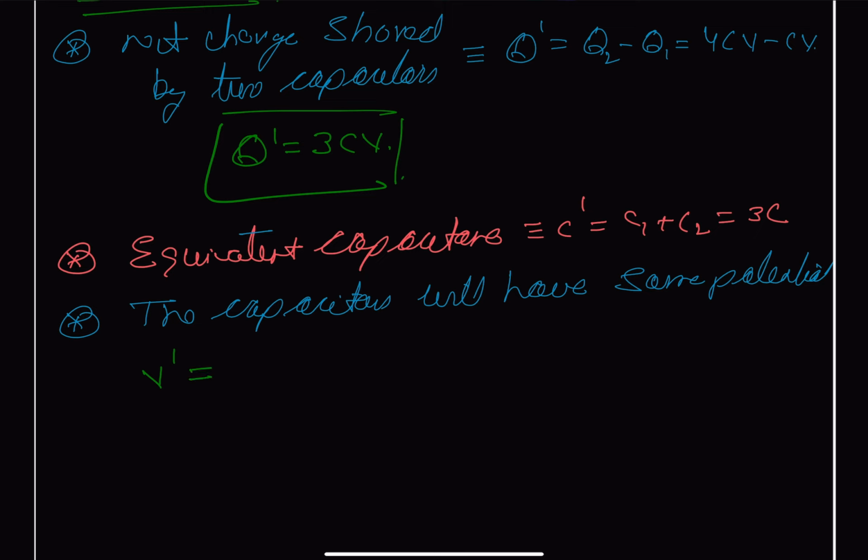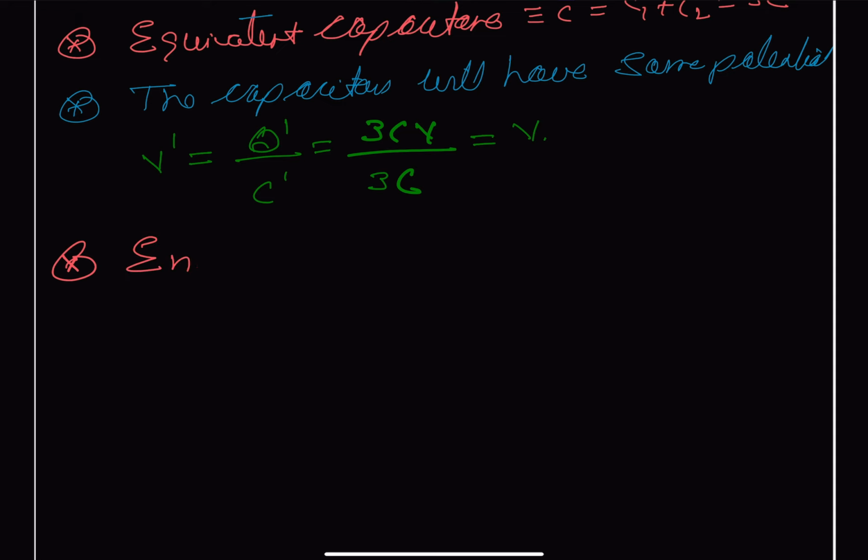So V prime will be equal to Q prime upon C prime, that is 3CV divided by 3C, which is V. So ultimately we are going to get the same answer. Now we can find out our energy.